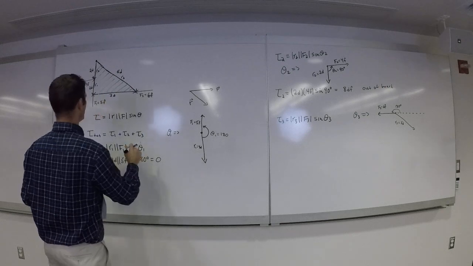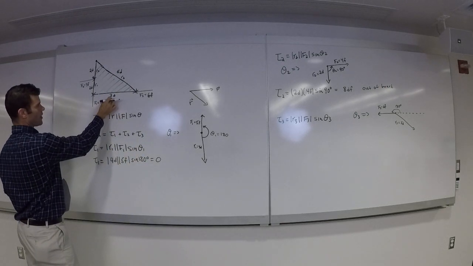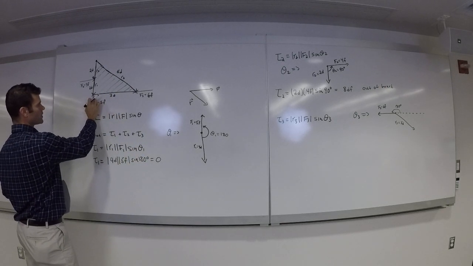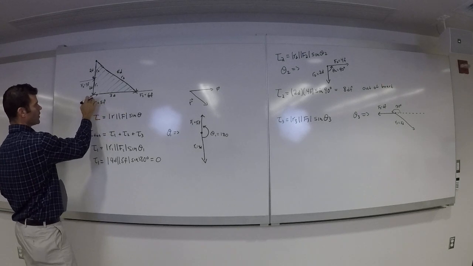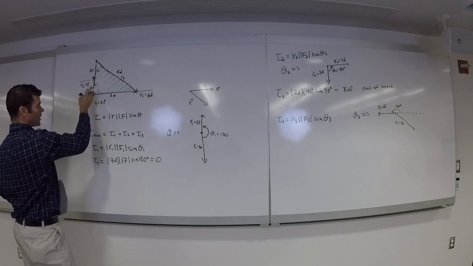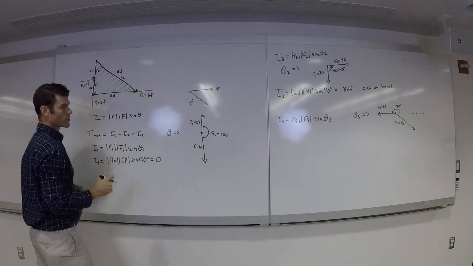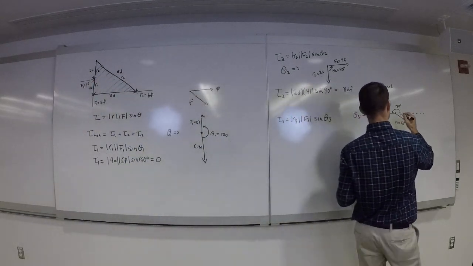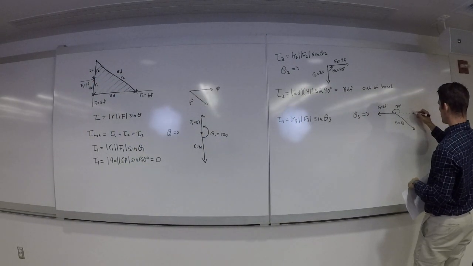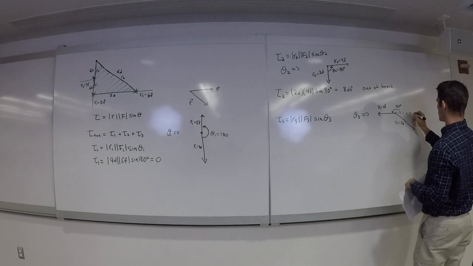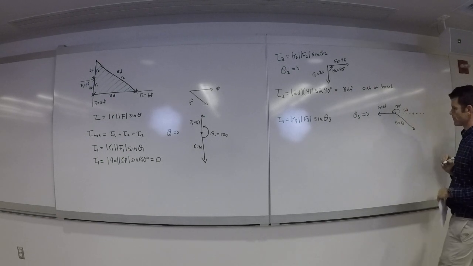Well, as you can see from this equation right here, we have a horizontal distance of 3D from the axis of rotation all the way to where the force is applied in the horizontal direction. So from here to here, we can call this distance 3D.